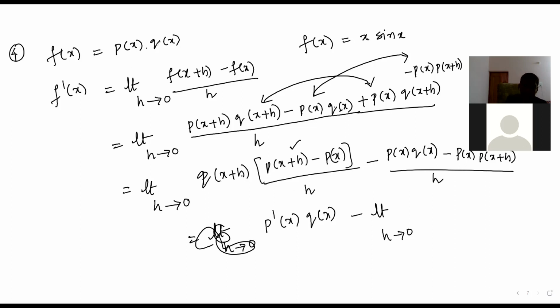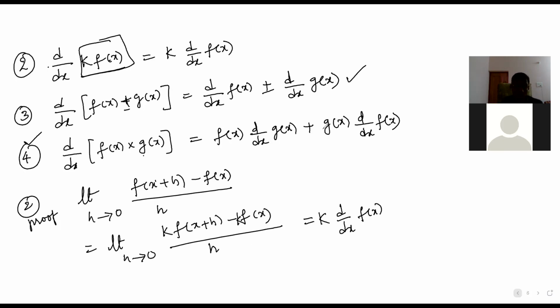Understand, one function we keep aside, and p dash q plus p q dash we get. So again we have to add and subtract one more. Okay, anyway, I will simplify and I will tell. Next class maybe we will discuss this. Okay, right. But these are the formulas.